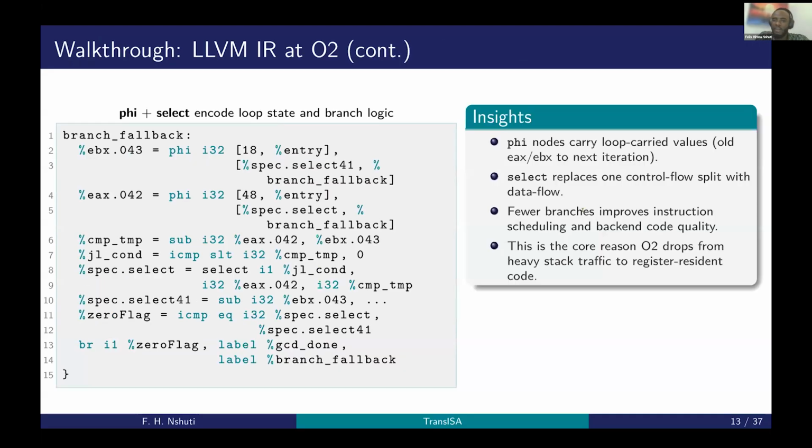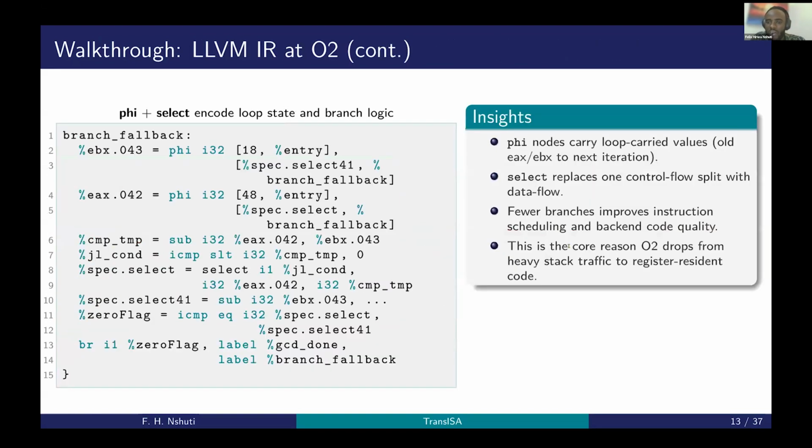You can see that the phi nodes carry values. It means that they simulate our alloca instructions more efficiently, and then they replace the control flow.